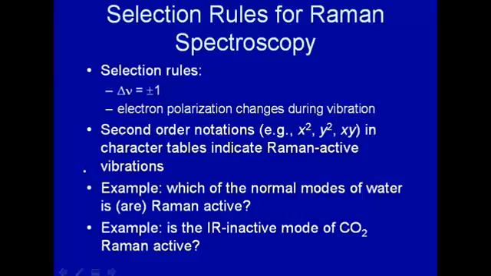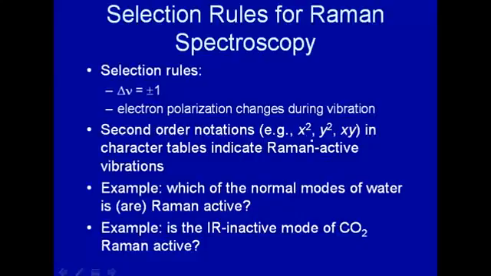Corresponding to that for Raman spectroscopy is not just x or y or z, it's second order: x squared, y squared, xy, and so on. If the irreducible representation of the normal mode corresponds to one of these, then you would say that the normal mode is Raman active.